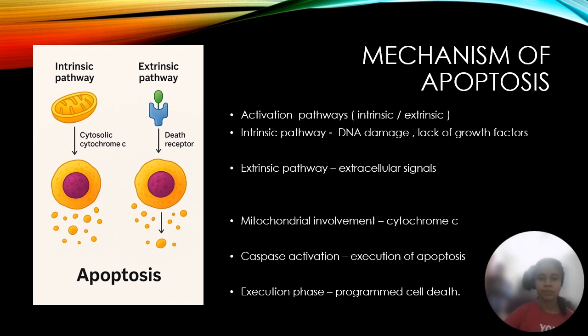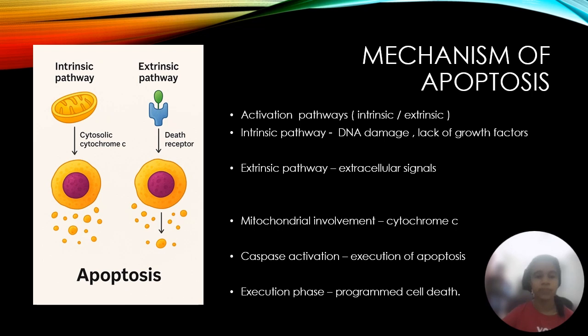In the intrinsic pathway, one of the main caspases is caspase 9. Caspase 9 is activated and forms a complex called the apoptosome with APAF1, a multi-subunit complex, which will result in apoptosis.